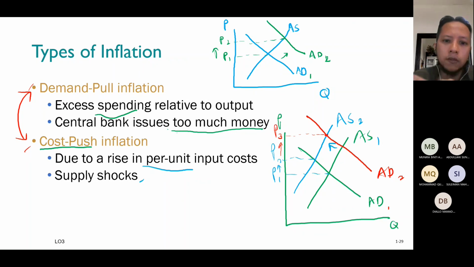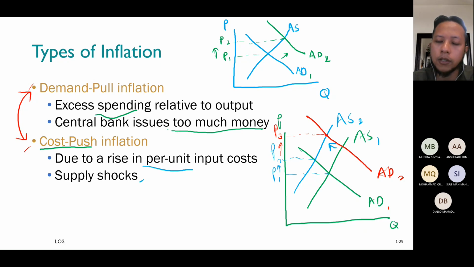But also because of the war in Russia and Ukraine, and also the supply chain disruption from China, the aggregate supply also reduced because the resources and the supply cannot be sent from China to other countries.